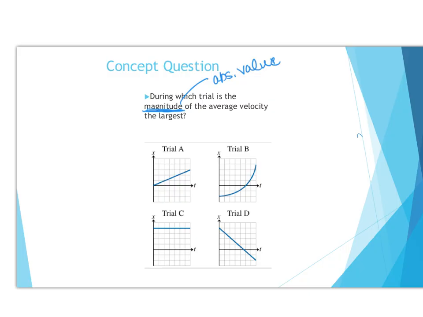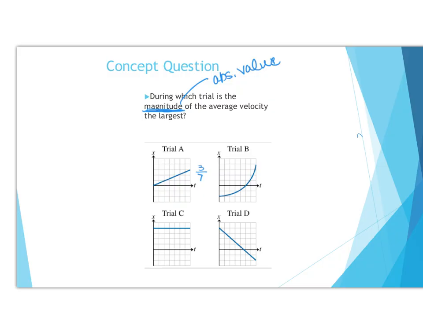We don't have any numbers on these graphs, but we do have blocks. And so we can just do rise over run using numbers of blocks. So in trial A, our rise is 3 blocks, and we have 1, 2, 3, 4, 5, 6, 7 blocks in the run. So our average velocity is 3/7.